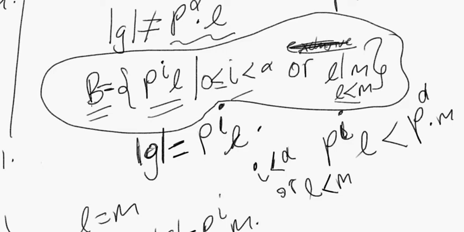Well, maybe let's just look at how many elements are in it. Do we need to go that far? Before we think about how many elements are in B, how is that going to help us to show that there's something wrong? How is that going to give us a contradiction?